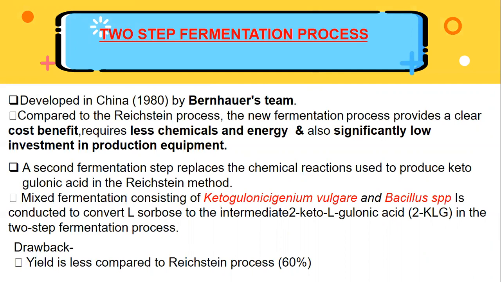The main difference is that the second chemical step is replaced with a second fermentation step. The mixed fermentation requires Ketogulonicigenium vulgare and Bacillus species, which are used to convert L-sorbose into the intermediate 2-KLG. The drawback of this process is that the yield is less.